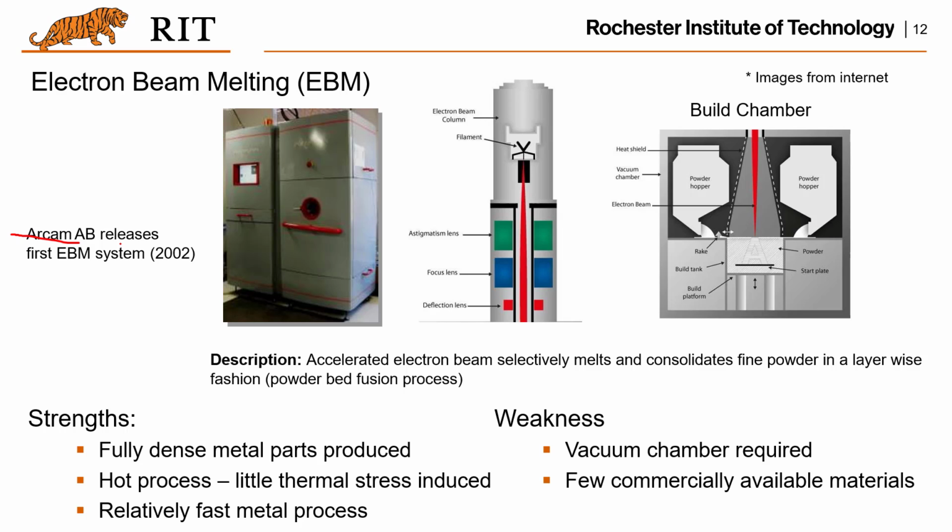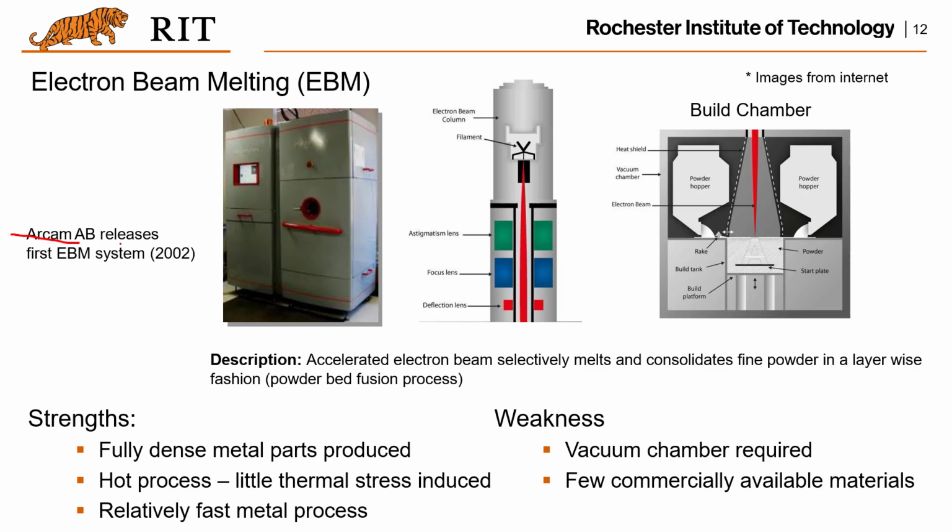It also has some weaknesses. First of all, the chamber needs to be vacuumed, meaning you need to pump the air out from the chamber, which requires time. The material is also restricted.